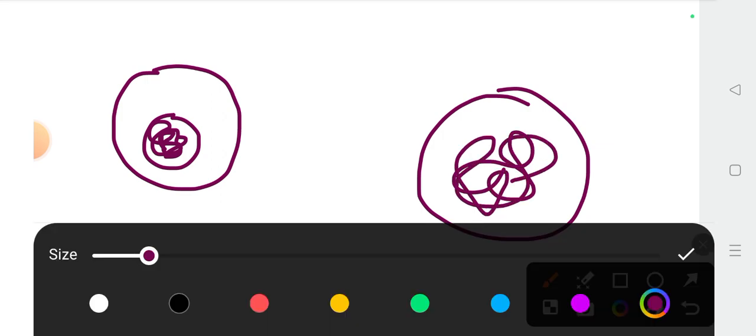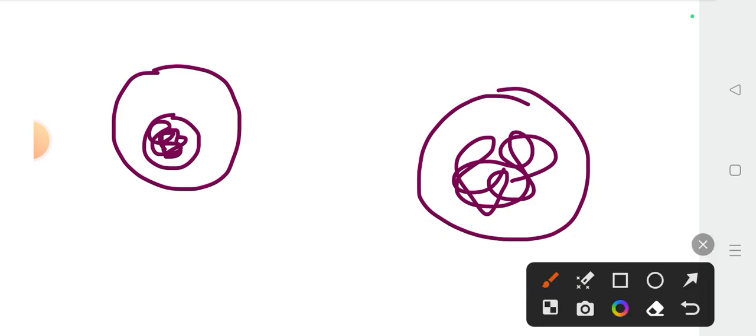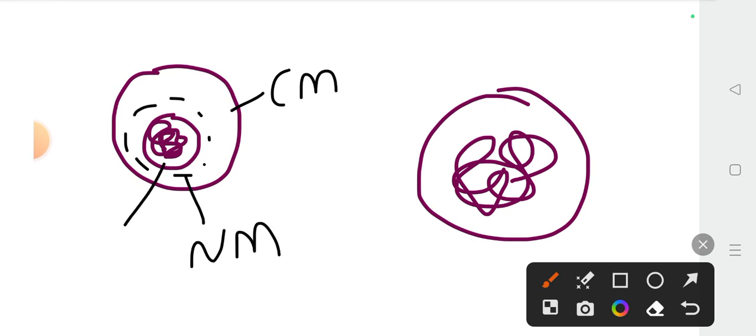And what we learnt, there's a nuclear membrane like this, no? Here nothing is there, only the cell. Now this is the cell membrane. This is the nuclear membrane. This is the nucleus, and inside the nucleus there is the nucleolus.